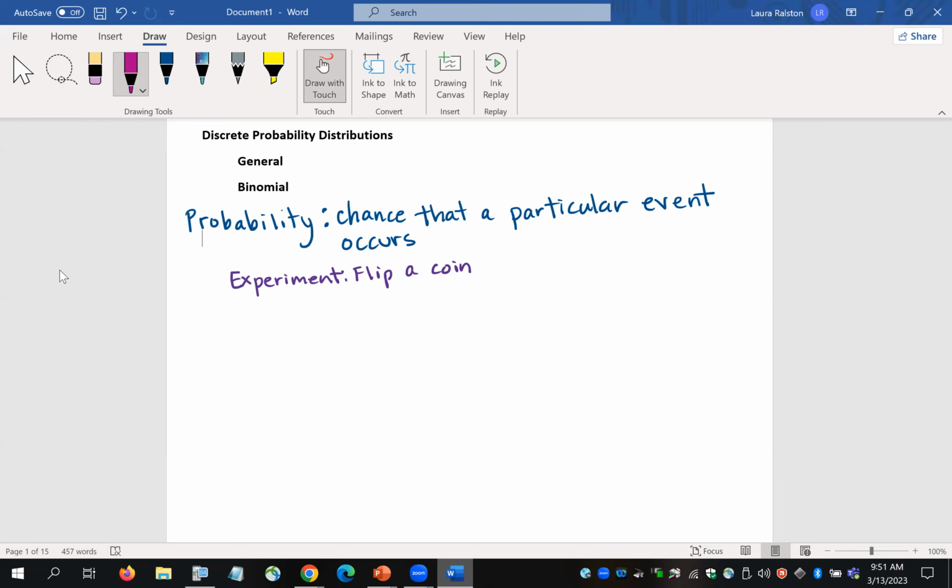Okay, so the notation for that, the way you'll see it, we usually see the capital letter P, parentheses, and then maybe the word head or a symbol.